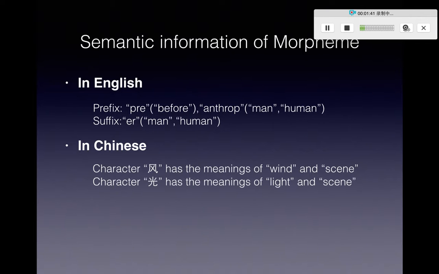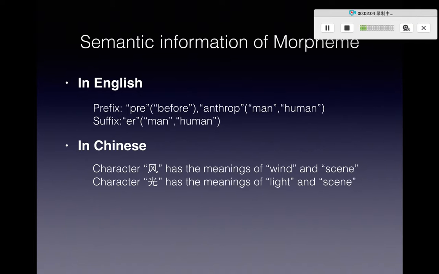For example, in English, the prefix pre has the meaning of before. The prefix anthropo has the meaning of man and human, like the word anthropologist. The suffix er has the meaning of man and human, like singer.